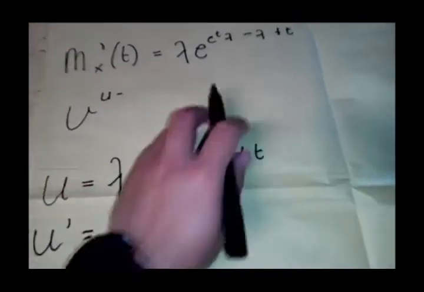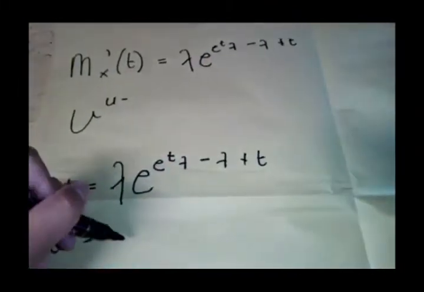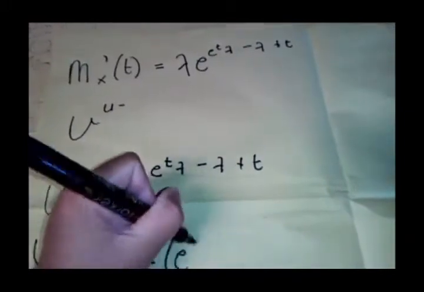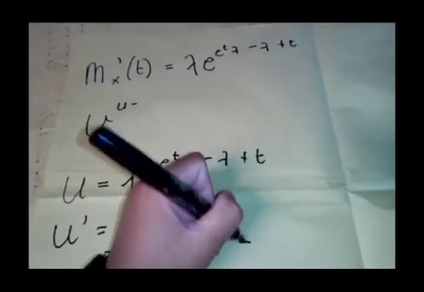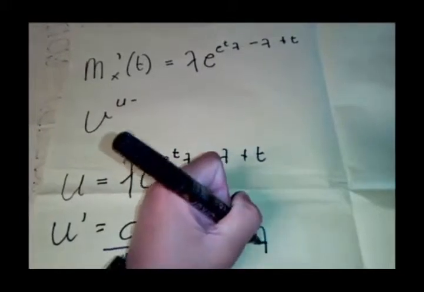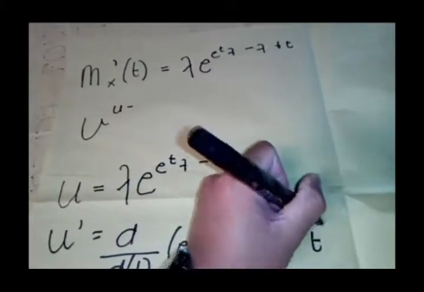So now we need to get the u prime, which is the derivative of the exponent. So we have the derivative of e to the t times lambda minus lambda plus t.